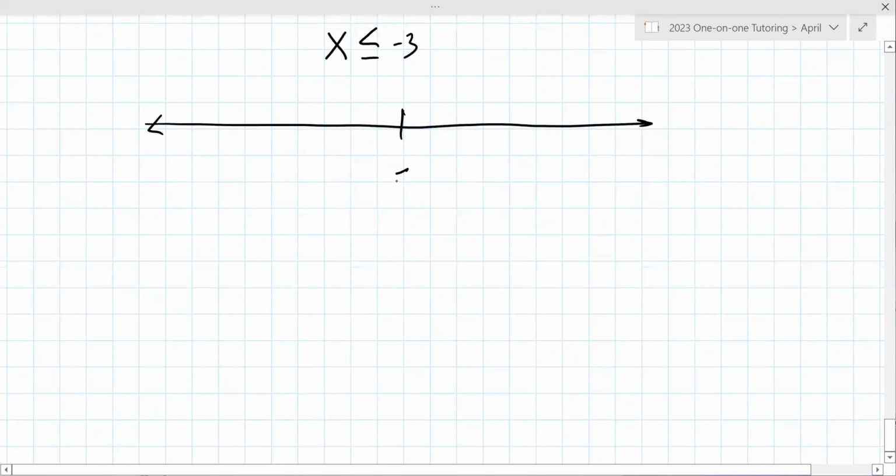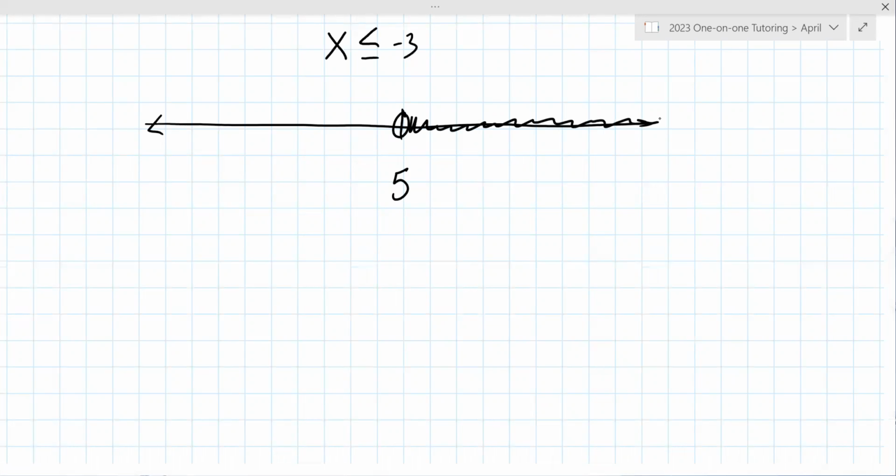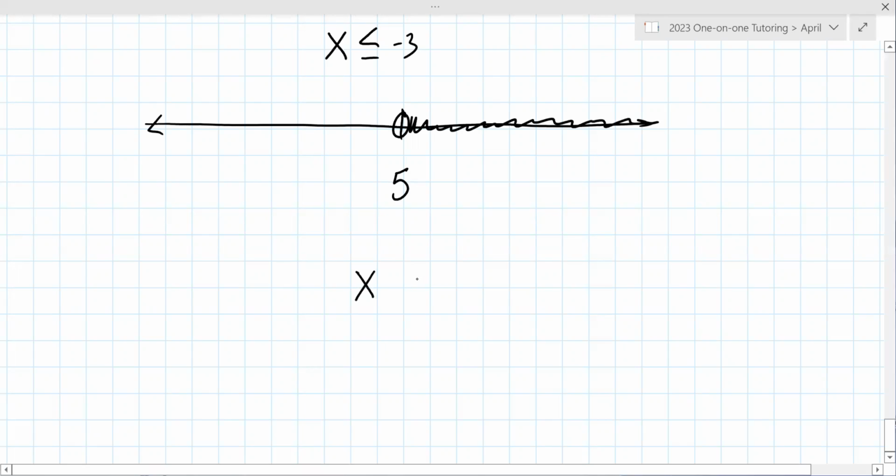Let's go 5. It would be X is greater than 5, like this. Okay, that's good.